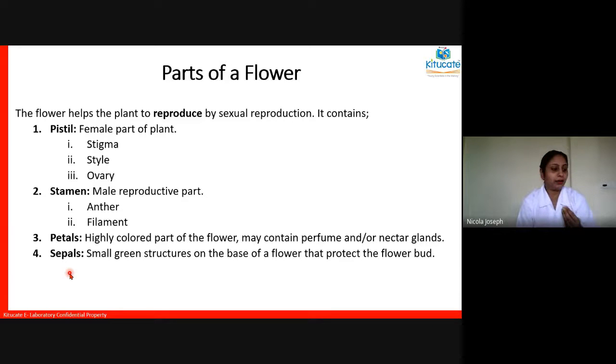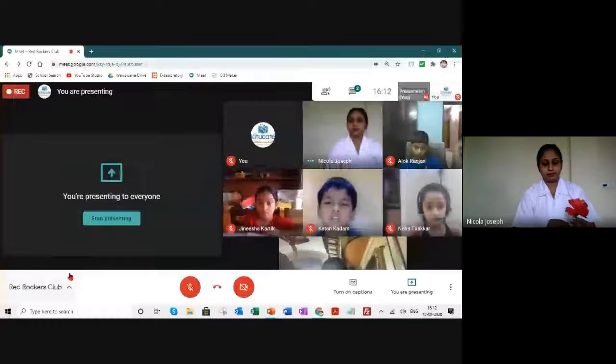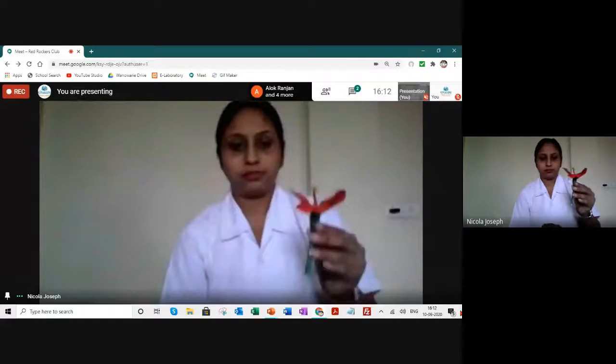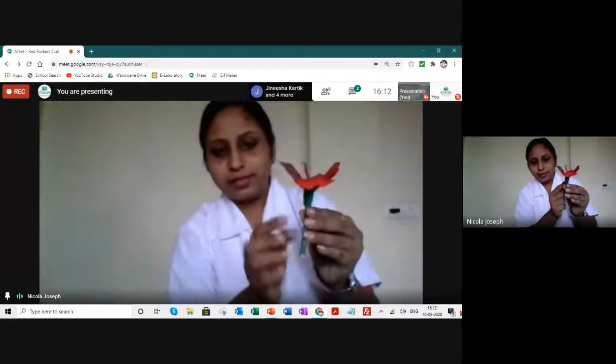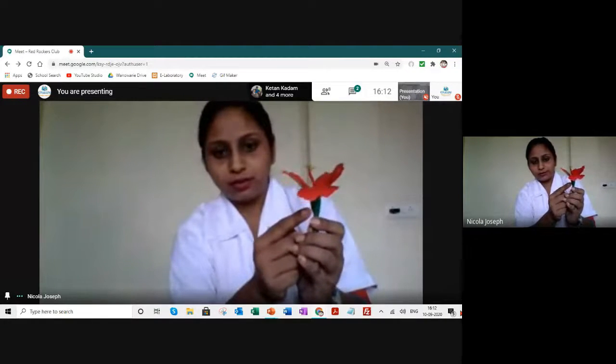Sepals are the green colored part. For example, if you all see this, can you all see? This green colored portion which you all can see, this one.